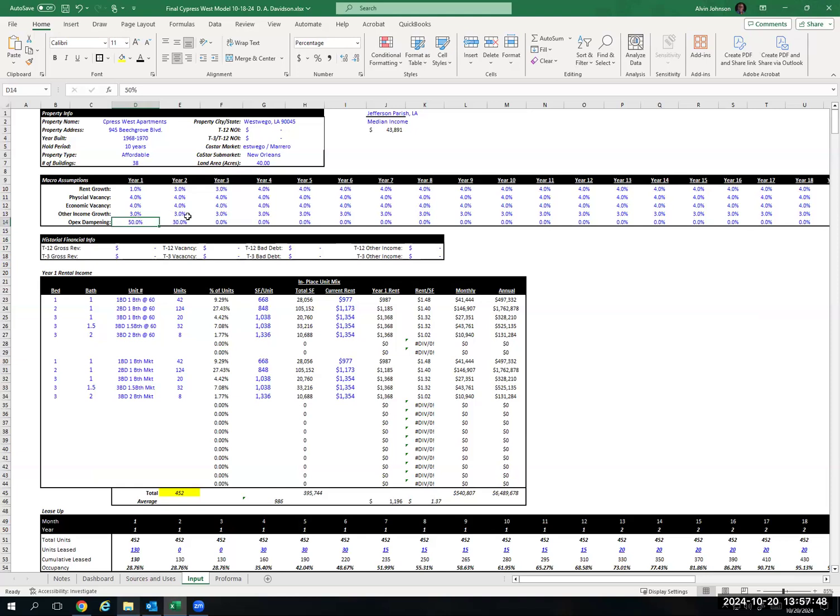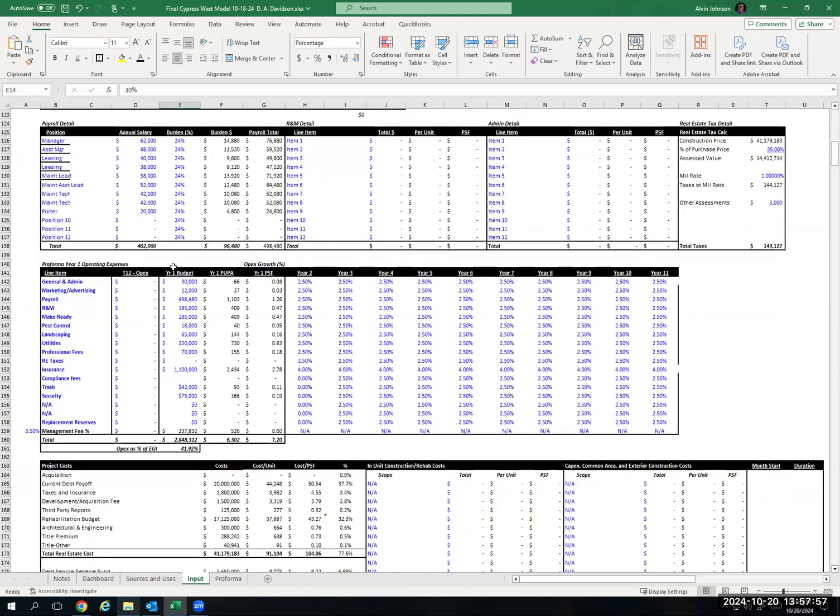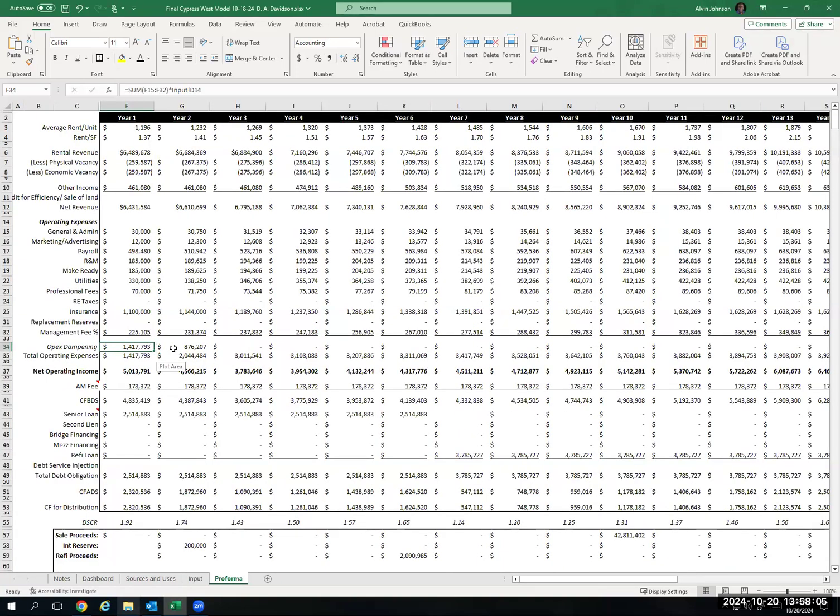50% year one, 30% year two, because we're not fully occupied, so we don't need full maintenance. We don't need to be putting money into marketing and all of those things in year one. So I've got that dampened year one and year two by 30%.